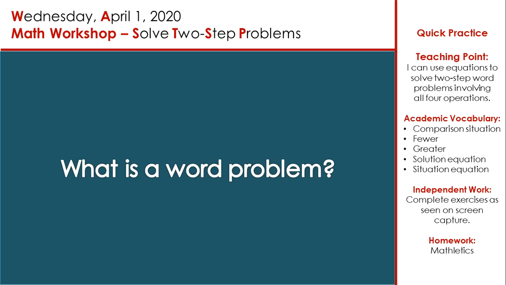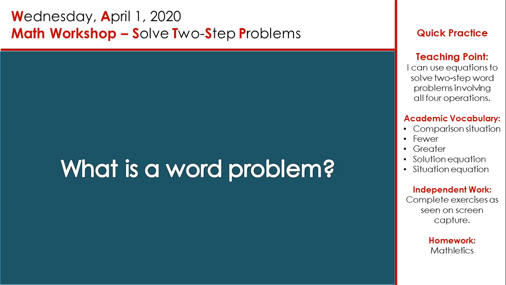It requires you to read or listen before solving the problem using your math skills. So basically, it's a problem that you can solve using math, right? So it is important that you understand what you're reading and what the situation is so you can apply the right operations to solve the problem.